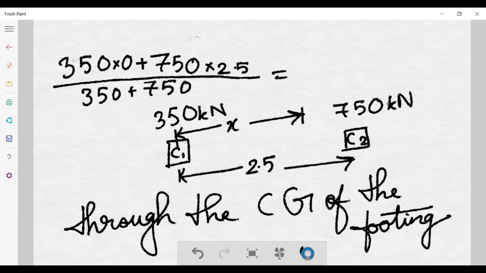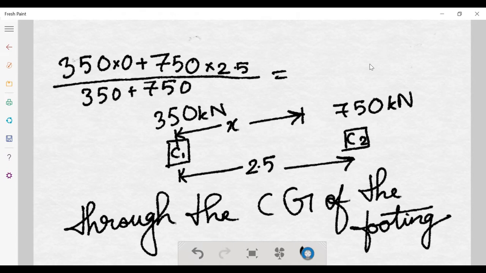This is the way we calculate the location of the resultant. You also try it and see the location it becomes.